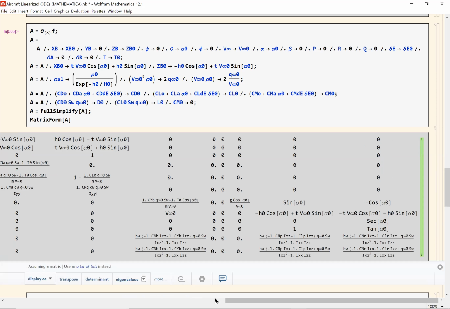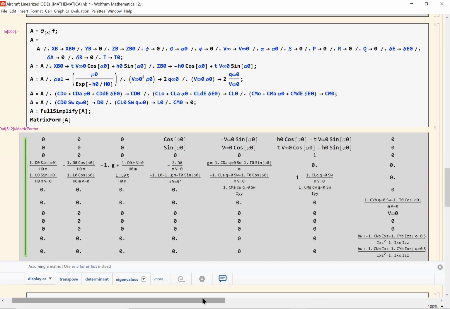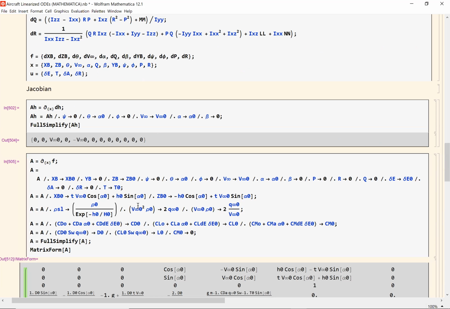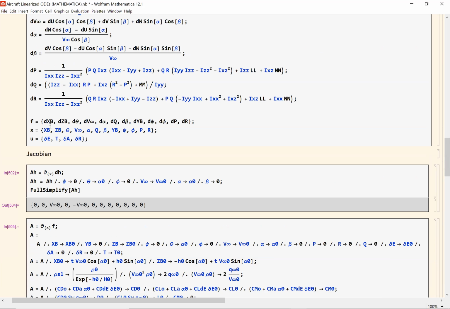So this means that we have states that are decoupled from other states. And in fact, we have the first 6 states, x, z, theta, V infinity, alpha, and q, whose linearized dynamics are decoupled from the other states, the side-slip angle, the y component, the yaw and the roll angle, and p and r.